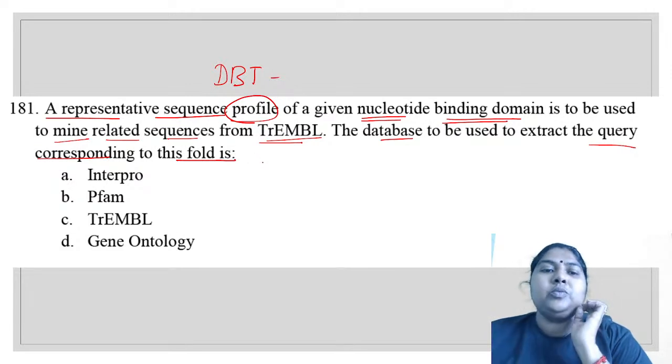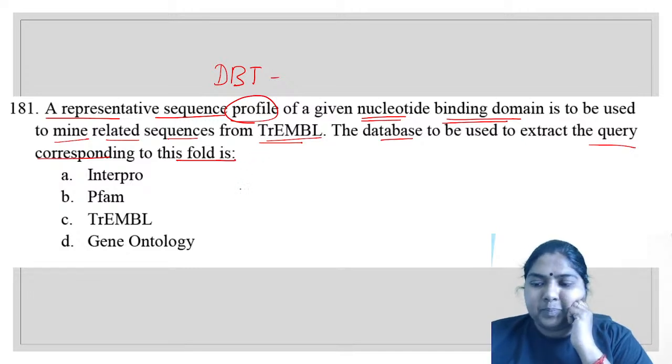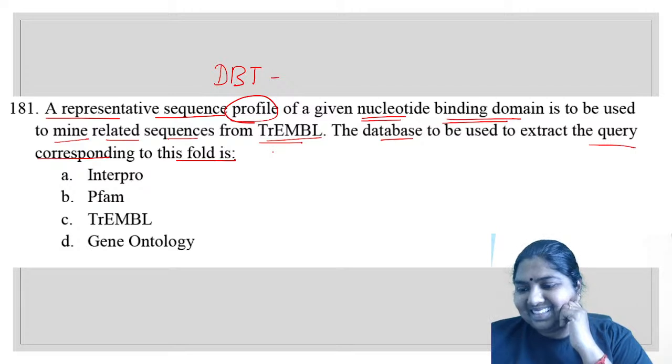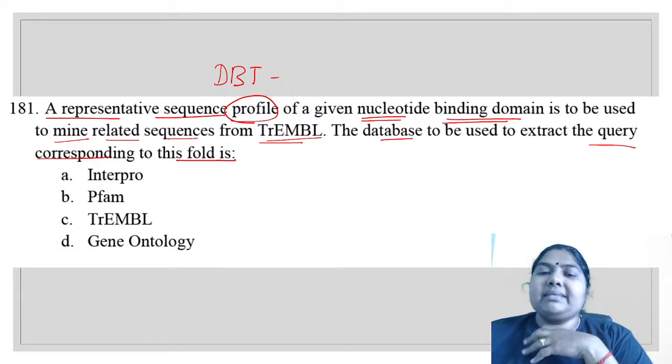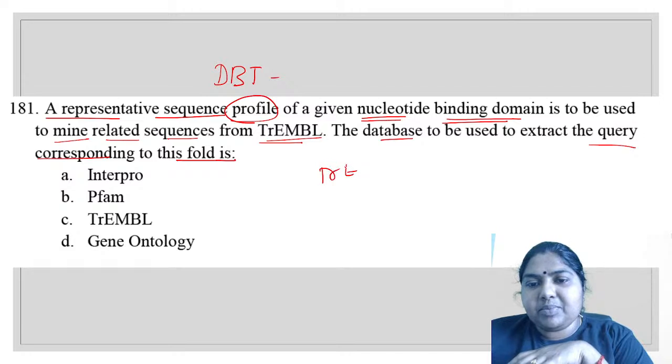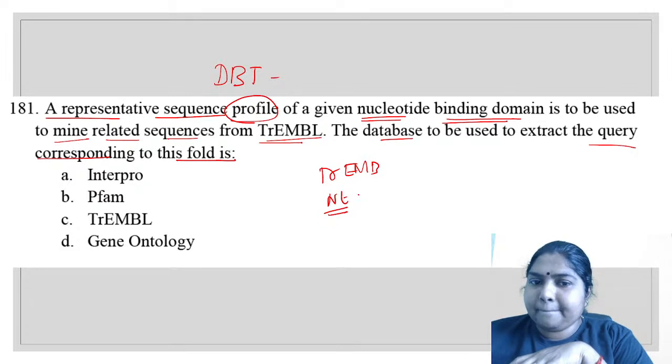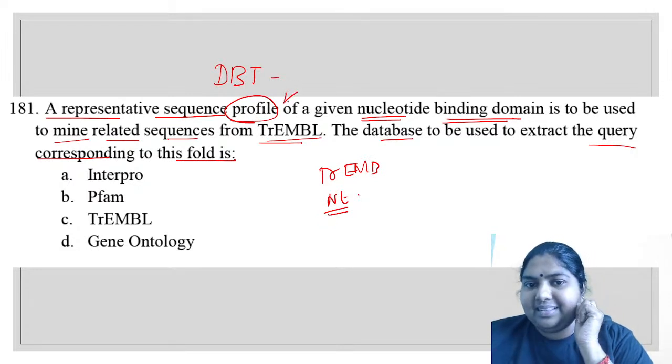You want to find the thing. Yes, Kunal. Yes, Sunanta. Correct only. See, TREMBL is going to be your nucleotide database. So, to this nucleotide, who is binding? Profile.